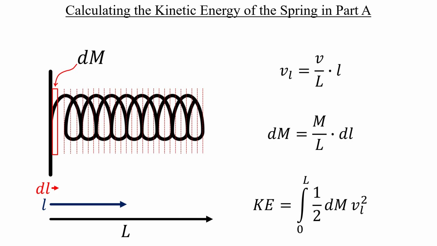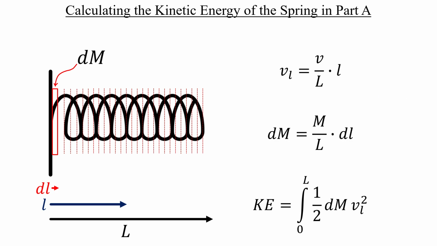And each chunk has its own particular speed. So instead of m, we'll use the mass of a chunk, dm, and instead of v, we have the speed of each individual chunk, v sub l. Again, the idea is to integrate this expression along the length of the spring, and to do that, we'll have to substitute our expressions above for dm and v sub l.